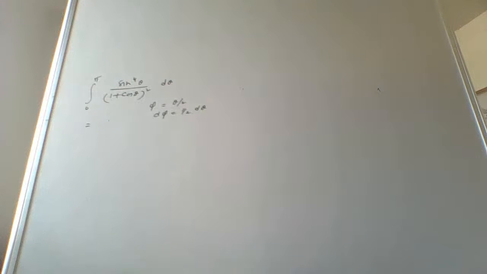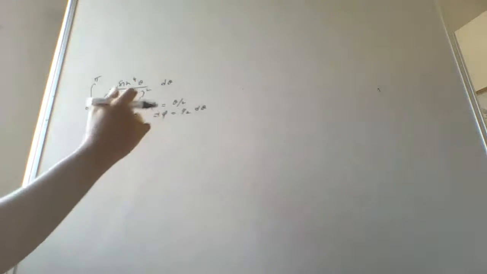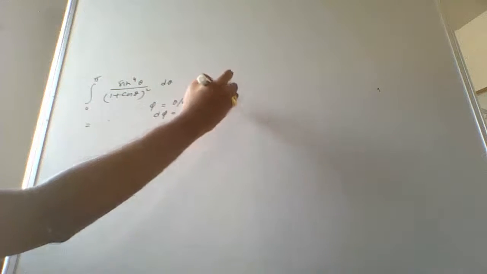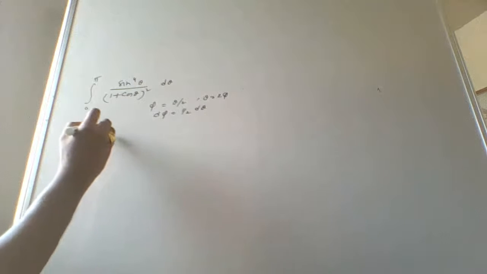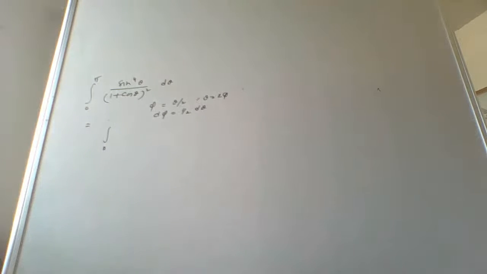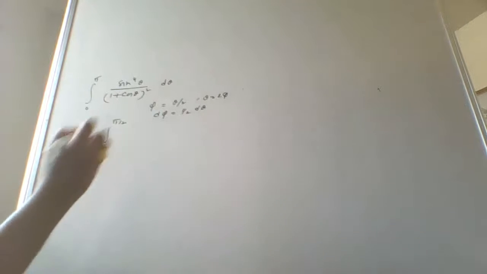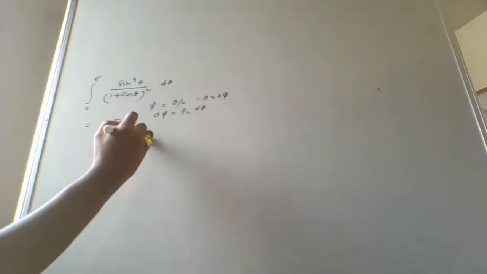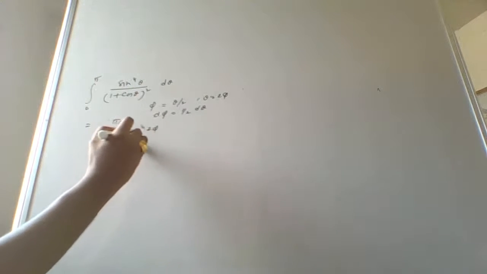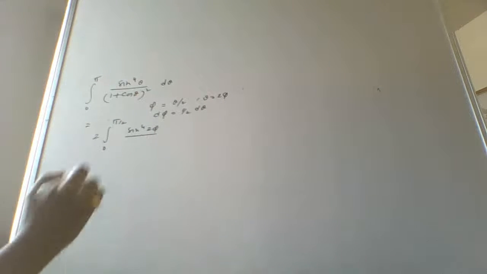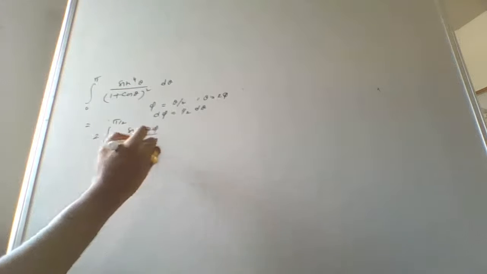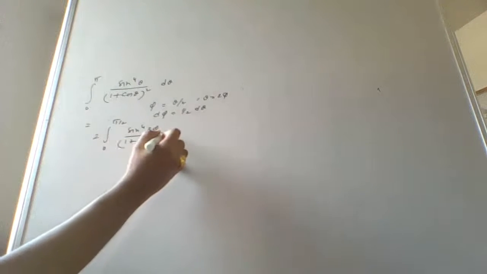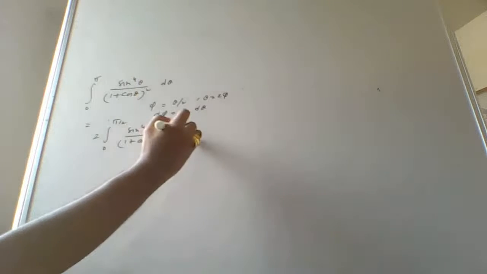Let us substitute that. So your theta will be 2 phi, and the limits become 0 to pi by 2. If you take it to the other side, it is 1 by 2, so you'll have 2 outside. Sine power 4 of 2 phi, divided by (1 plus cos 2 phi) whole squared, and you have d phi here.